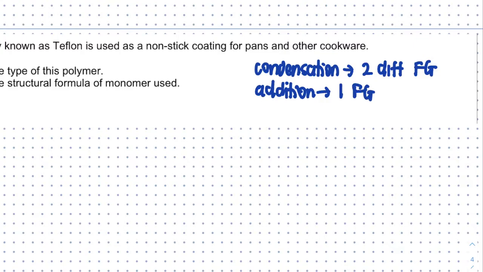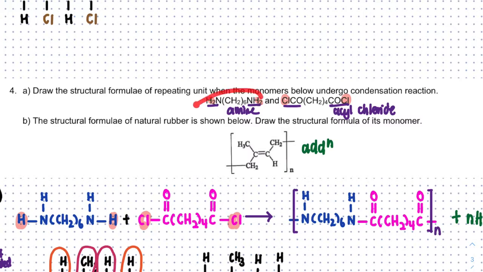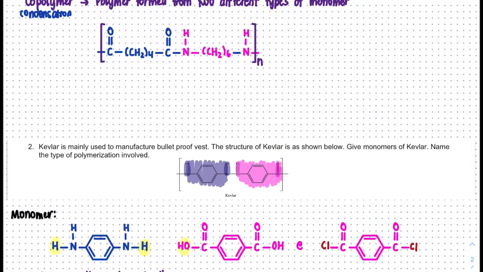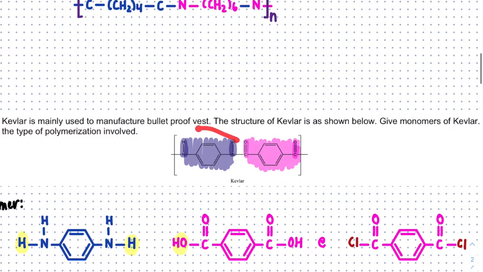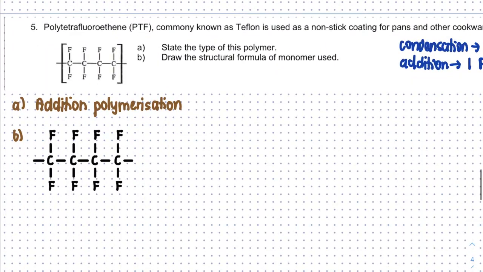So, contohnya tadi kita tengok kan, from here, this one, we have our amine, we have our acid chloride. Okay, daripada mana Kevlar tadi? Kevlar tu pun kita nampak. We have our amine, we have our carbonate. C double bond tu. So, yang itulah. So, what is the type of polymer? So, maka it is addition polymerisation.